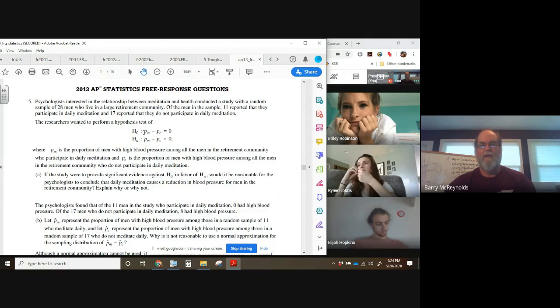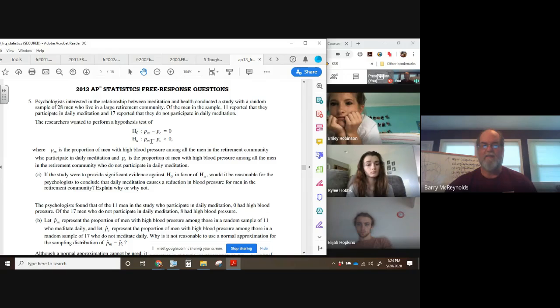And so if there's no difference, if meditation doesn't help, we would expect this difference to be zero. Their blood pressure should be the same, so we would expect that difference to be zero. If, however, meditation does seem to help, then there should be a non-zero difference. And here they've tested whether the difference is less than zero for those who meditate.